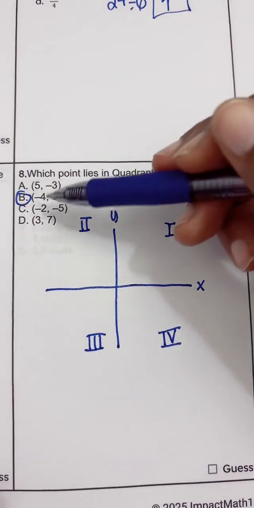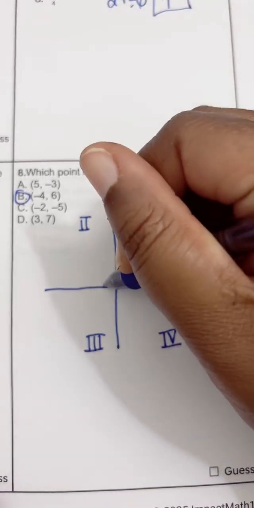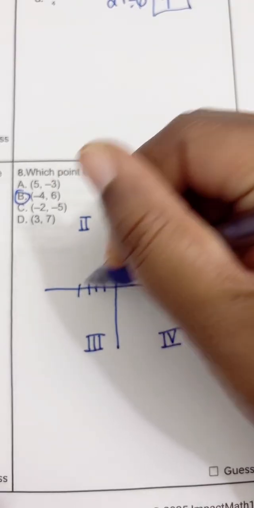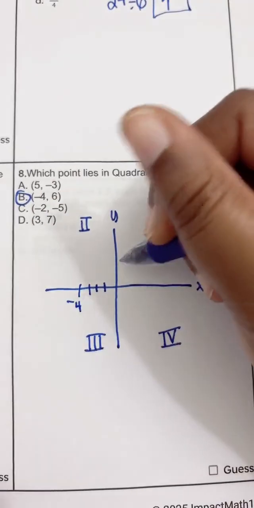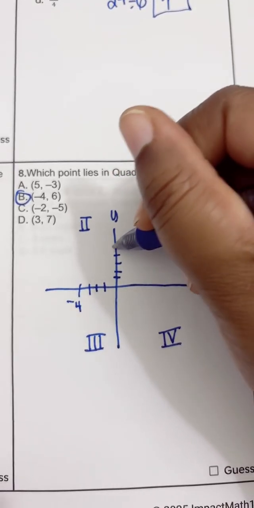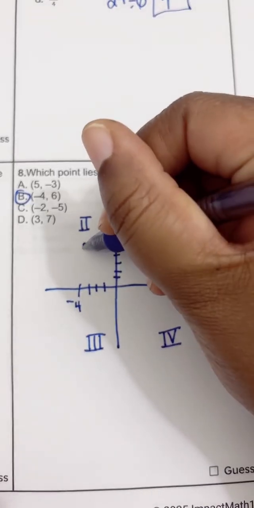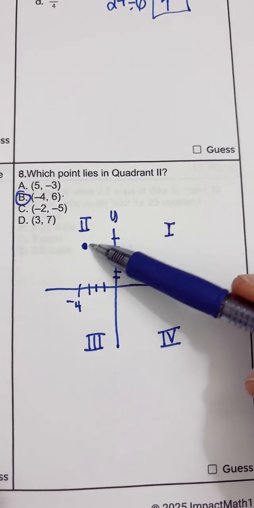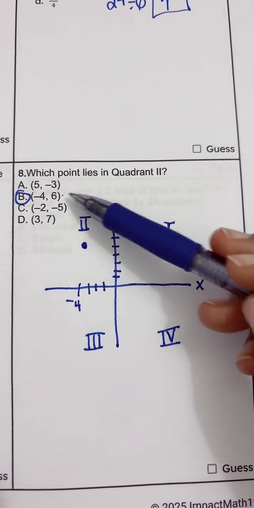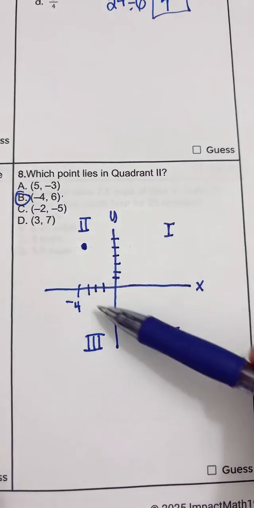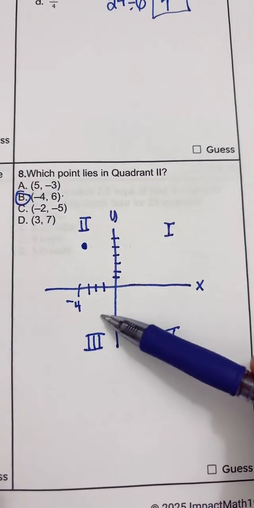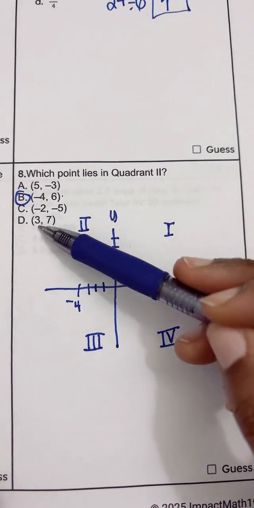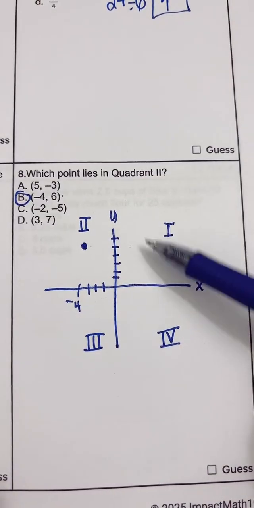And so if we plotted this, remember, this is -4. 1, 2, 3, 4, 5, 6. This point right here is in quadrant 2. -2, -5 would be down here in quadrant 3. 3 would be in quadrant 1.